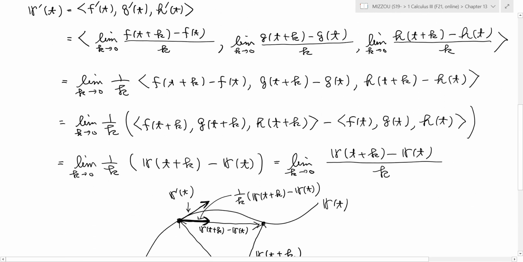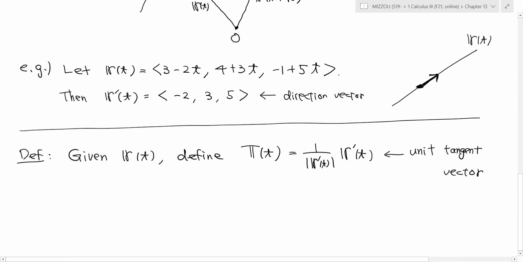That's what the unit tangent vector is. But of course here, since we are dividing by the magnitude, we are assuming that the derivative is not 0.